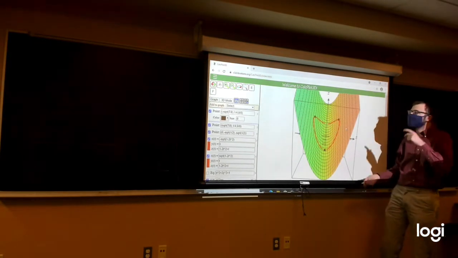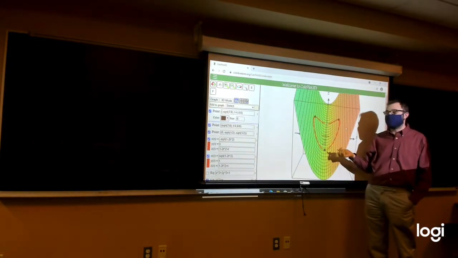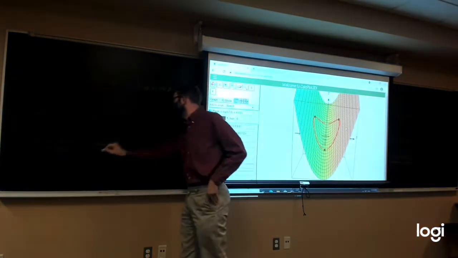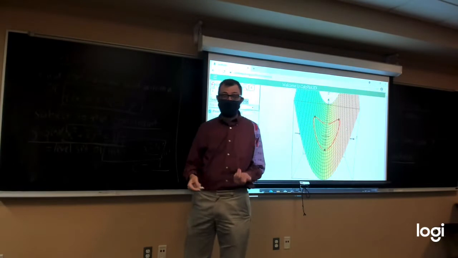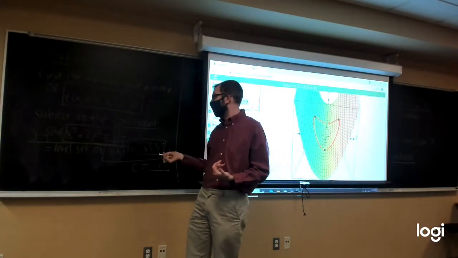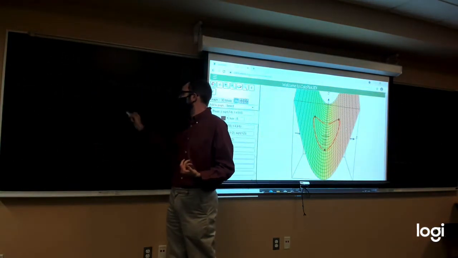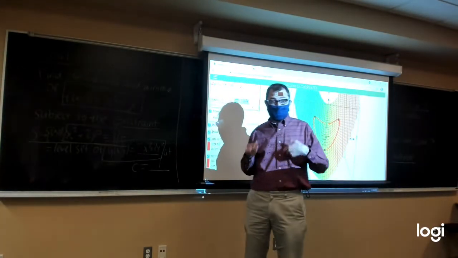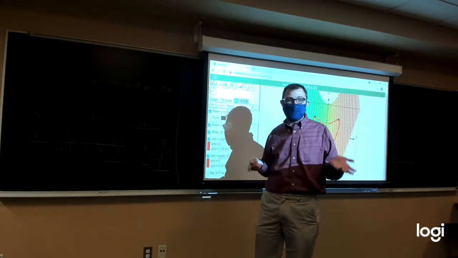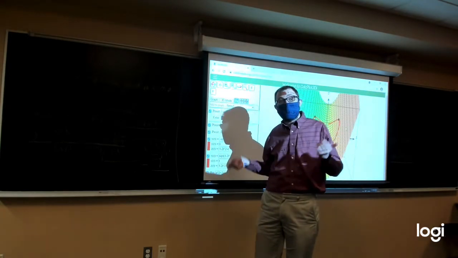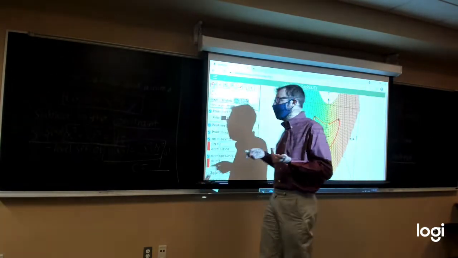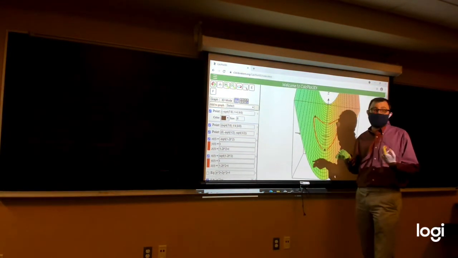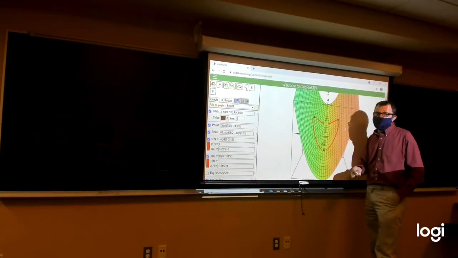To find the highest and lowest points on this red circle, we need to find points where either the gradient of g is 0, or where the gradient of g and the gradient of f are scalar multiples of each other. Once we find all of those two types of points, those are going to be the potential locations for absolute maxima, i.e. these 2 points, and absolute minima, i.e. this point way down here.